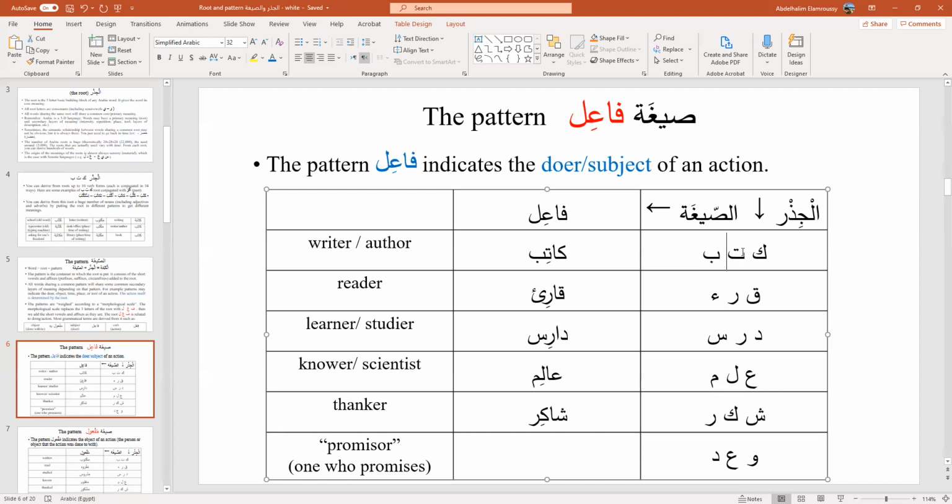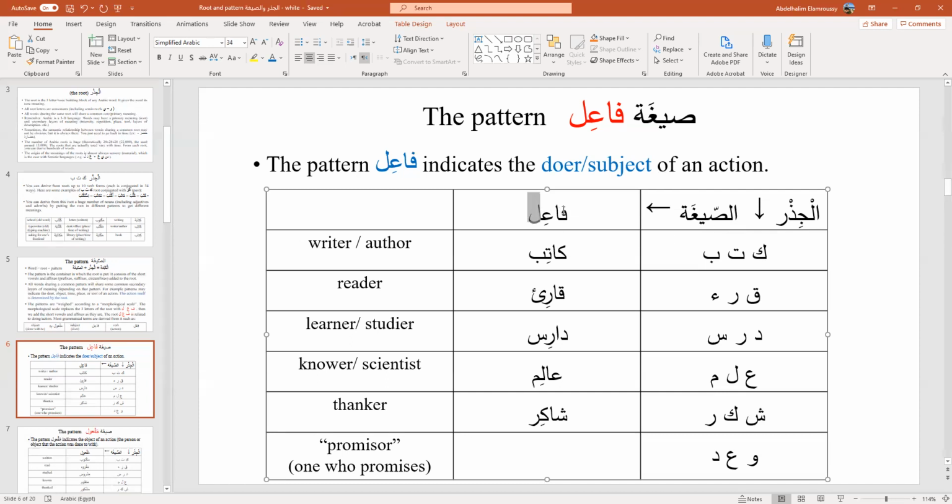We'll call the second letter of the root R2, and the third letter R3. So you will replace R1 with the fa, R2 with the ayn, and R3 with the lam. That's when you're weighing, when you would like to put this root in this pattern.